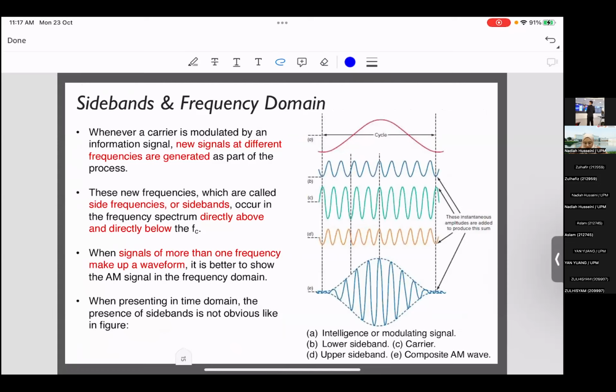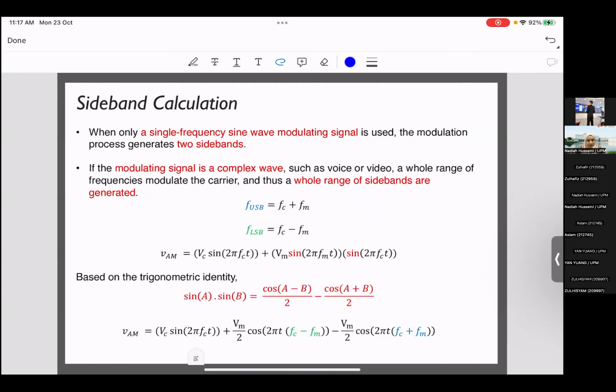And then we talked about sidebands and frequency domain. Whenever we have an AM process or AM modulation, the product of the modulating signal and the carrier signal will produce sidebands. And these sidebands are the upper sideband and lower sideband. So the upper sideband is fc plus fm, the frequency of the carrier plus the frequency of your modulating signal.